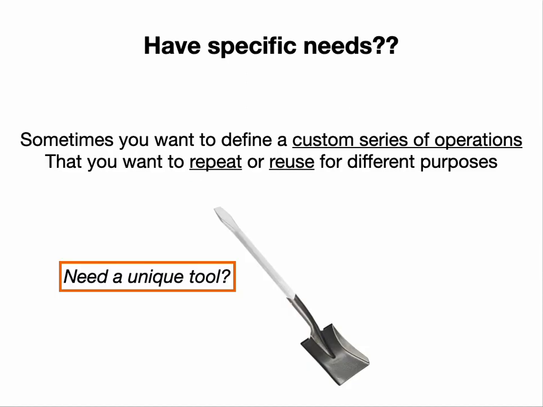You may need a unique tool, something that does not exist yet, which is not available to you. Therefore, you have to work for it, create it, forge it, and then you will become able to use it. So this kind of tool, basically you can identify it when you're working.